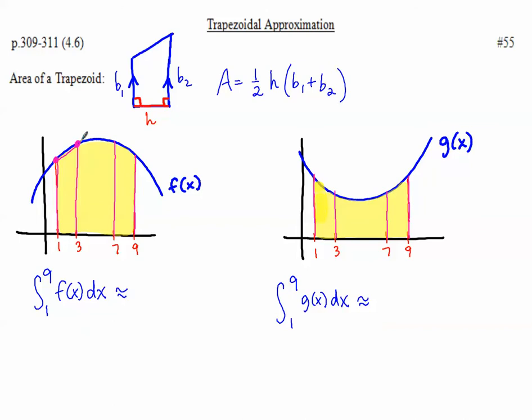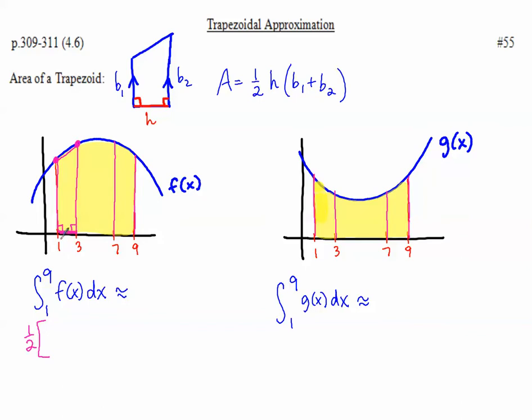So our first trapezoid has an area that is the length of this base plus the length of this base is what we're adding up over here. Now each trapezoid has 1/2 in its area, so I can take 1/2 factored out of all of them. And the height in this case is the distance here that is perpendicular to both of the bases.